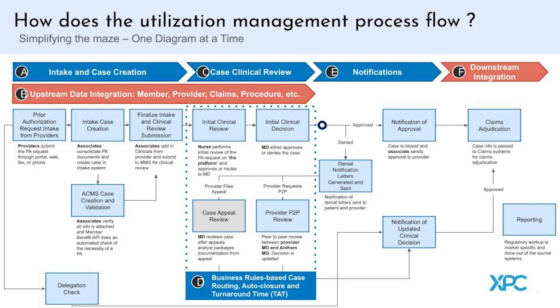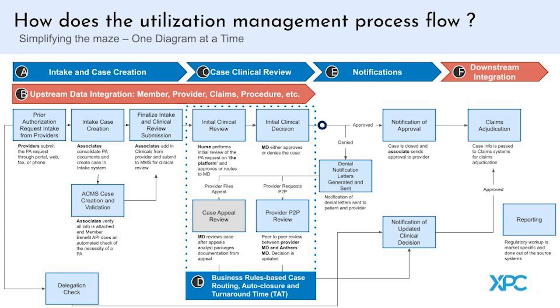Okay, so we'll dive right into it. This diagram goes from left to right, and the way we think about utilization management, prior auth is a part of it, and utilization management is a couple of processes. Grievance and appeal is also utilization management. A prior auth, if it goes straight through, is one part of it.